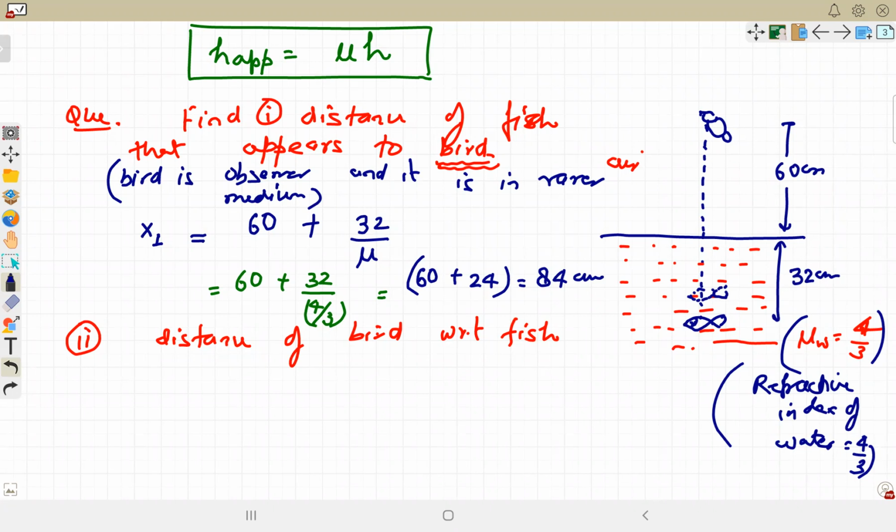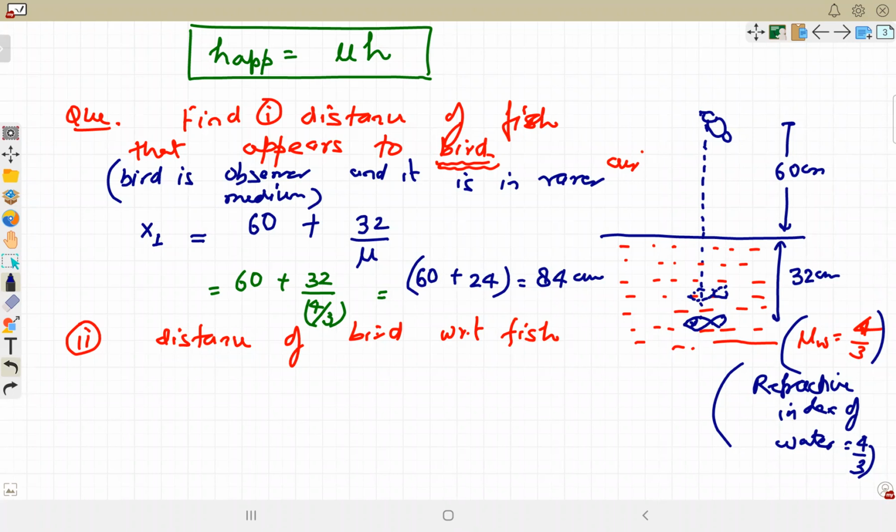When we look from one medium into another medium, the formula will be divided by mu or multiplied by mu. It will depend upon who is the observer. So in the first case, bird is the observer, and looking from the rarer into the denser medium, it will become 1 by mu times. In the second scenario, fish is the observer and it is looking at the bird.